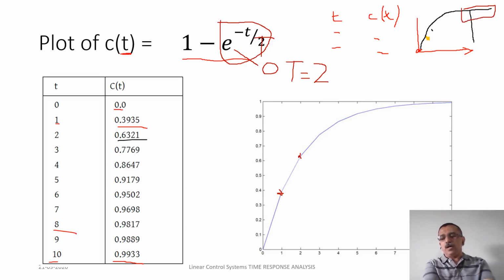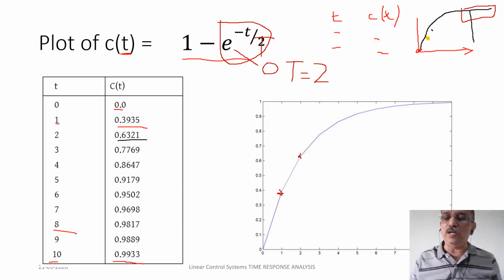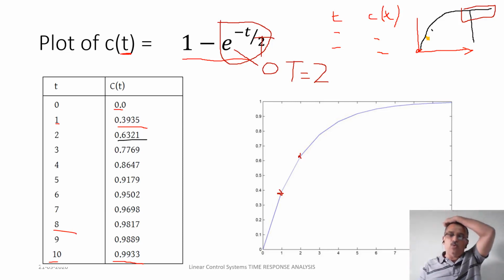If you remember my kettle, I don't have the kettle today. You remember I showed you a kettle and boiling water and switching on the stove. What happens is when you switch on the stove, the temperature will increase slowly. After some time, it will reach a steady state. After that, there won't be any change. Another example is the thermometer.